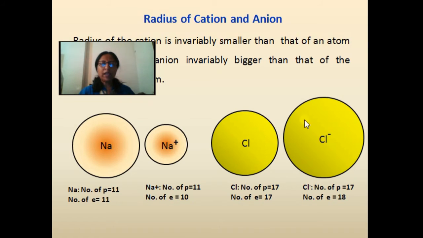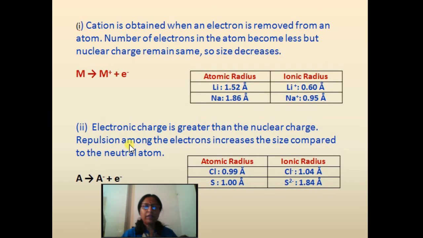As the number of electrons becomes more, the nuclear charge felt by the electrons will be less because of the larger number of electrons, and so the ionic size is more than the neutral atom. So in case of cation the size decreases, and in case of formation of anion the size increases. I hope this is clear to you now. So here I have taken a few examples as well.